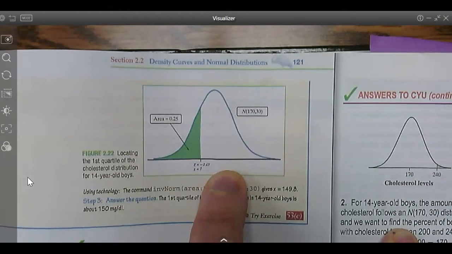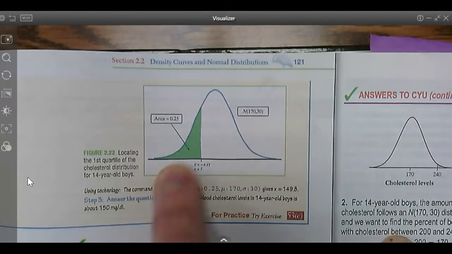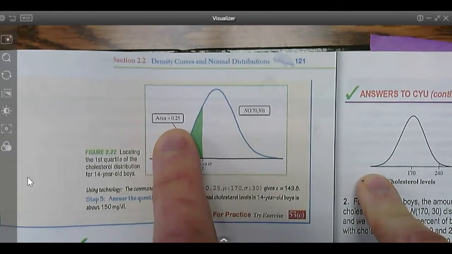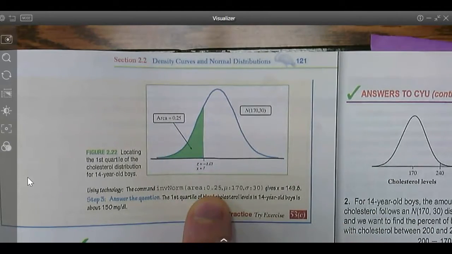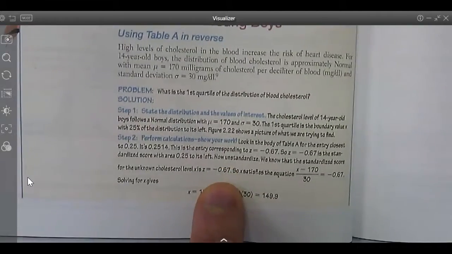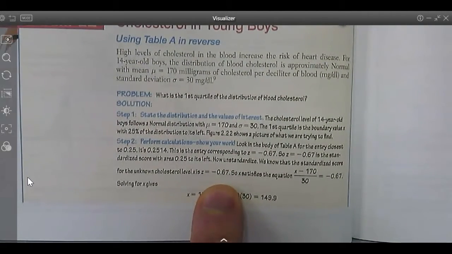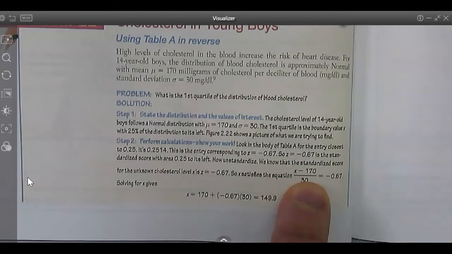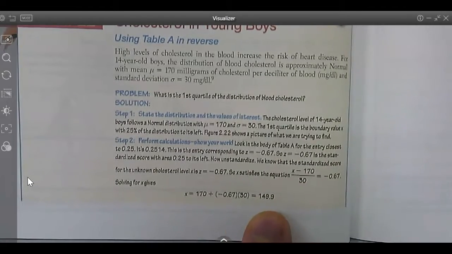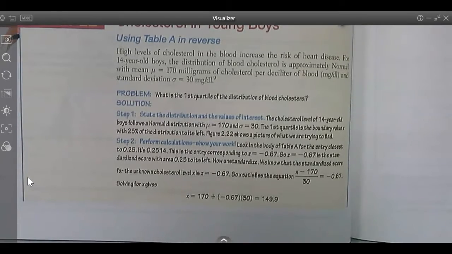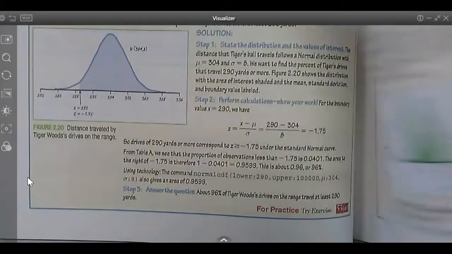Here, I'm given the area under the curve is 0.25 because it's the first quartile. So I'm doing inverse norm of 0.25. That gives me a z-score of negative 0.67. So now it's the value minus the 170 divided by the 30. Do a little math there to end up with 149.9. So that would be using inverse norm.